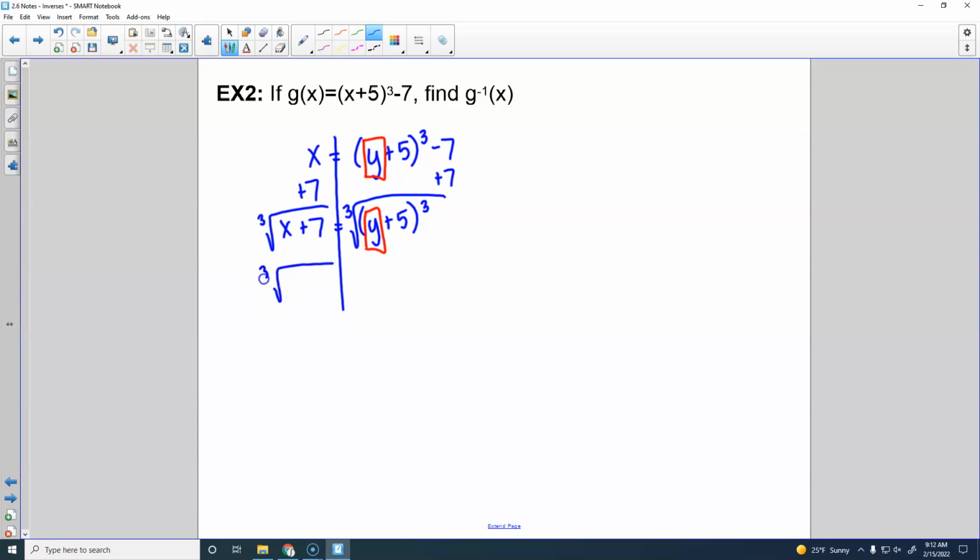And last step, Braden. We're going to subtract 5. Typically, you're going to probably see it written like this: negative 5 plus the cube root of x plus 7. It is okay to write it. I'm going to go ahead and put my f inverse here.